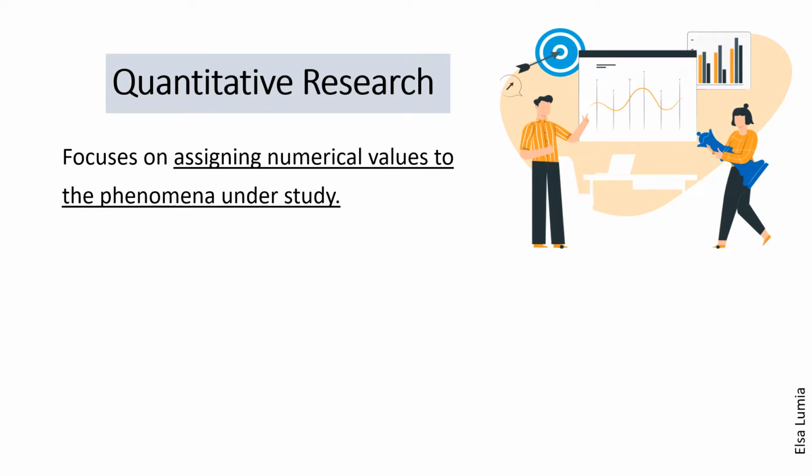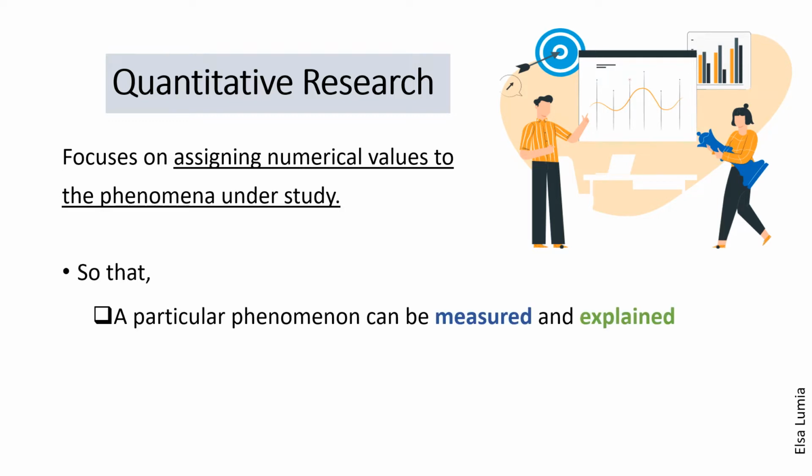Quantitative research mainly deals with phenomena that can have numerical values, numbers, figures that can represent frequency, prevalence, and these numbers are used to describe phenomena that is currently being studied so that particular phenomena can be measured and thus explained.